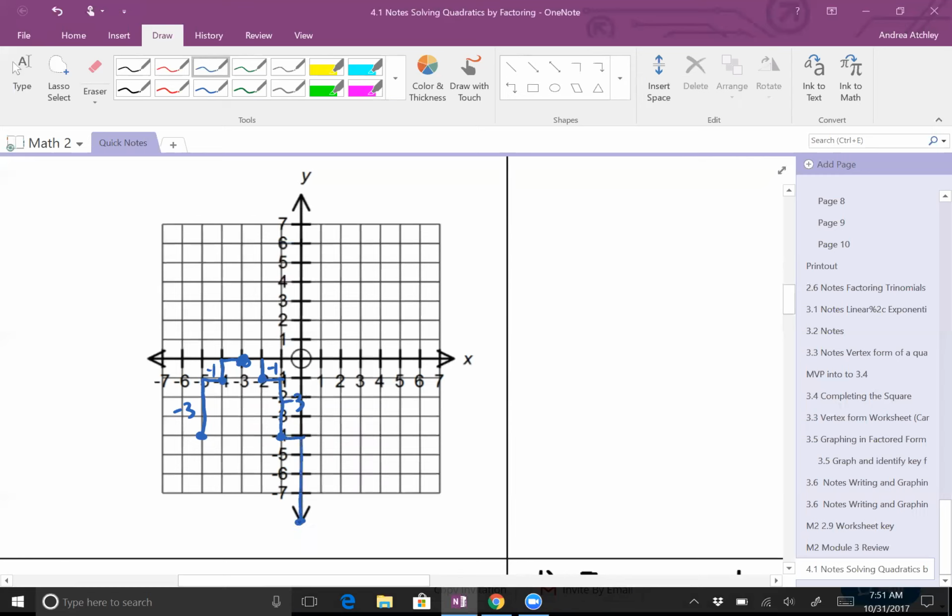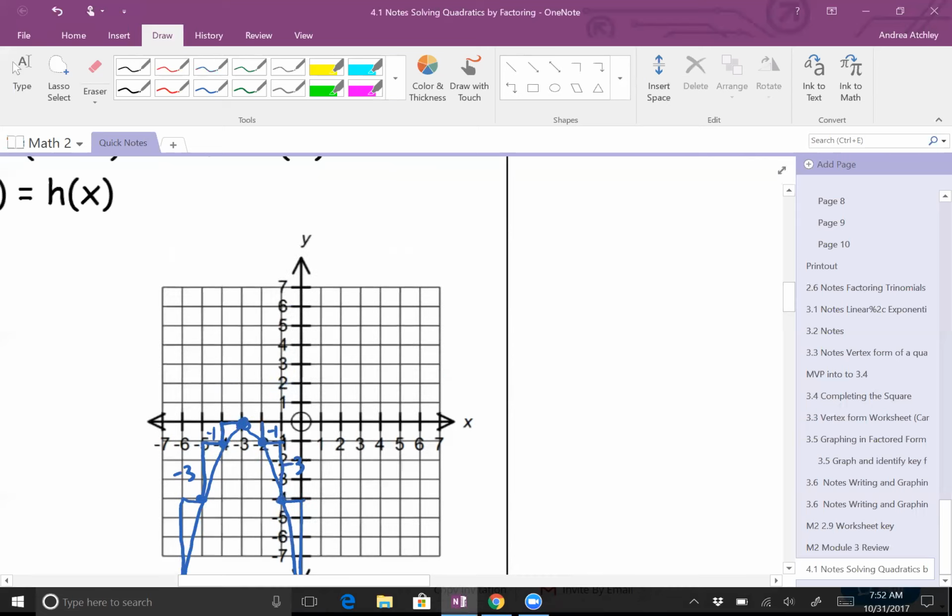We're not going to quite get there, but we can get an idea. Maybe a little further. So this is our parabola. Any questions over that? We're good? Okay, so that is the right side.